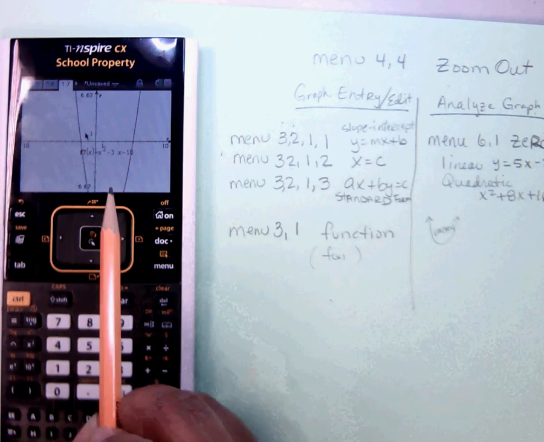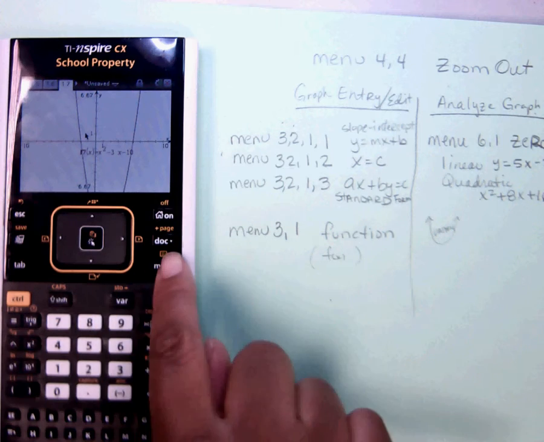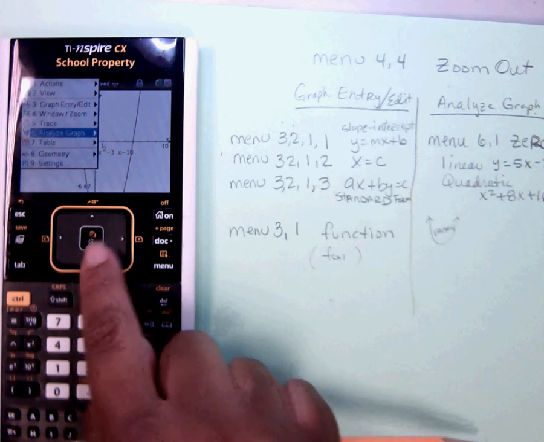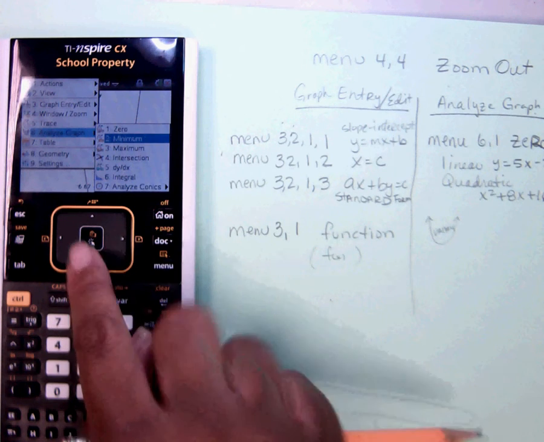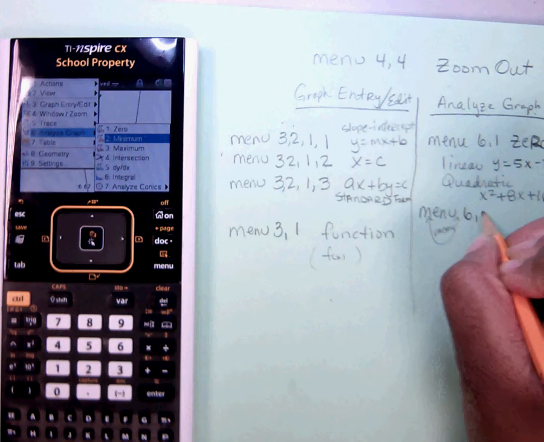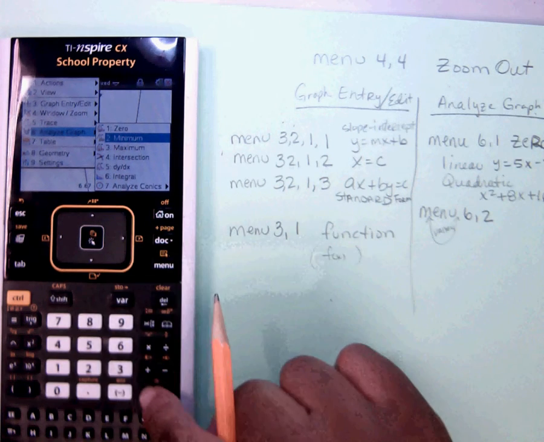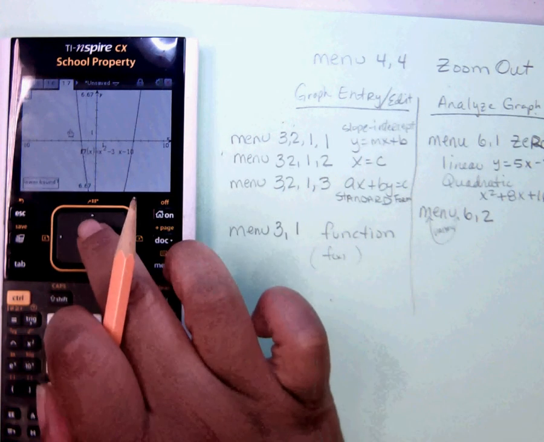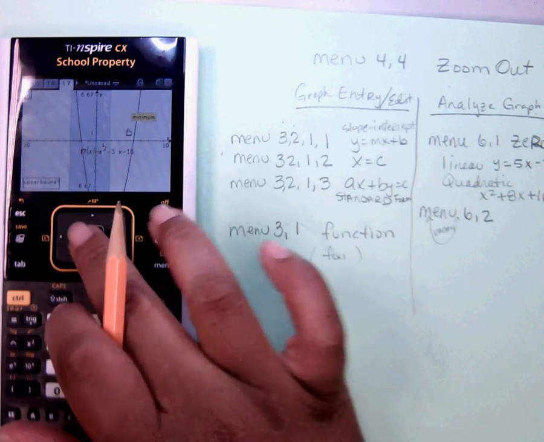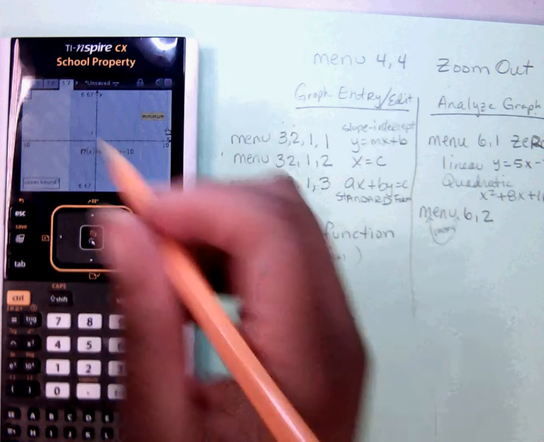I don't see the minimum on this one. It's way down there. Let's see what happens if we try to find it. Menu 6, 2, because we're talking about minimum. Okay, enter. Go to the left of the minimum. Go to the right of the minimum. Because it's way down there.